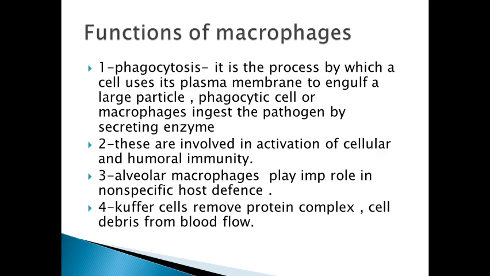Humoral immunity means antibody mediated immunity, AMI, which is the production of antibodies, and this immunity is enhanced by B cells. Cellular immunity is enhanced by T cells. So macrophages function in the activation of both types of immunity, cellular as well as humoral.